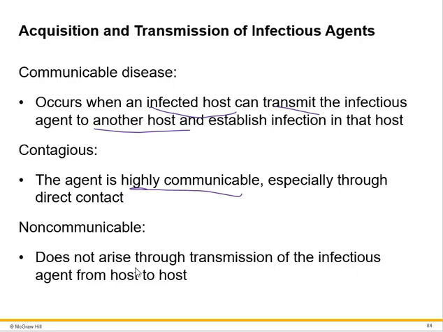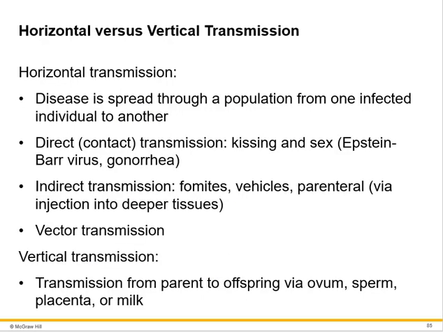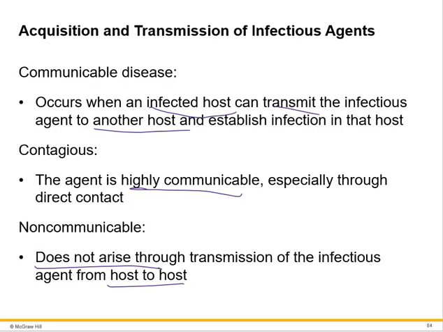Non-communicable does not arise through transmission of an infectious agent from host to host. An example of non-communicable would be cancer. Typically, we don't think of cancer as being a communicable disease.